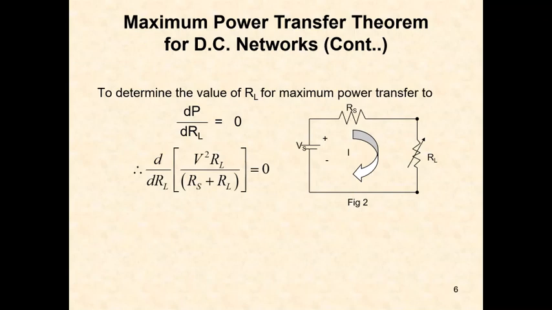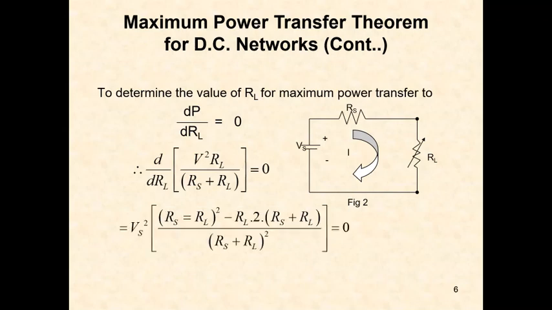By doing this differentiation, we get (Rs plus RL) whole square minus RL into (Rs plus RL) by (Rs plus RL) whole square. Here V square is a constant, so we take it out and differentiate with respect to RL.